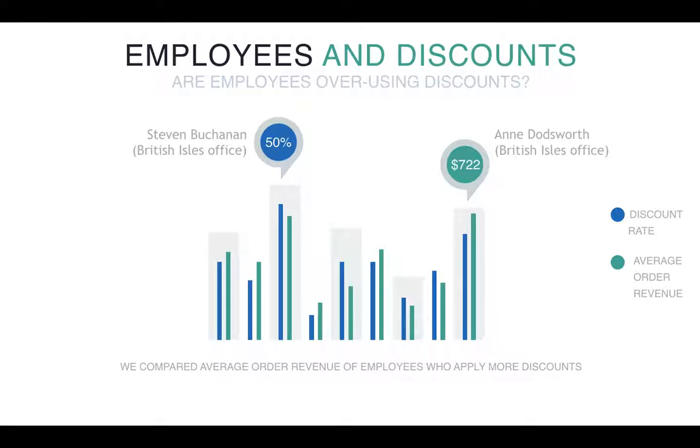We used our data analysis to see that our employee, Mr. Stephen Buchanan, is the one who is using more discounts on his orders. He applies a discount to half of his orders.